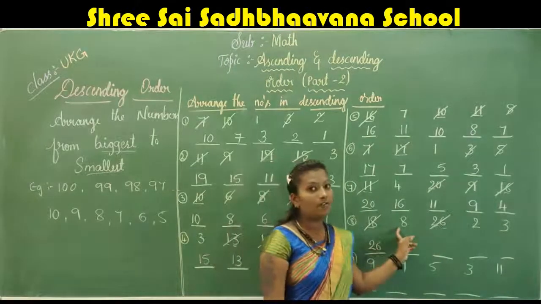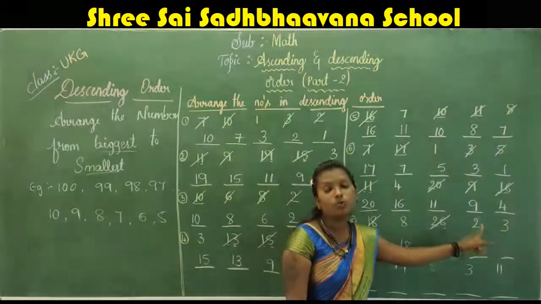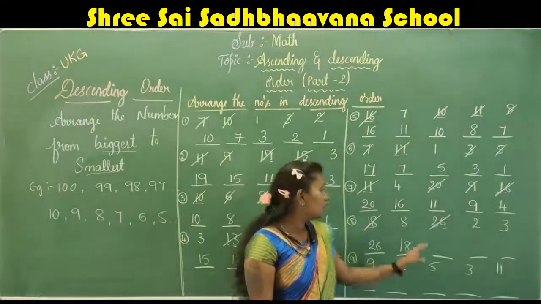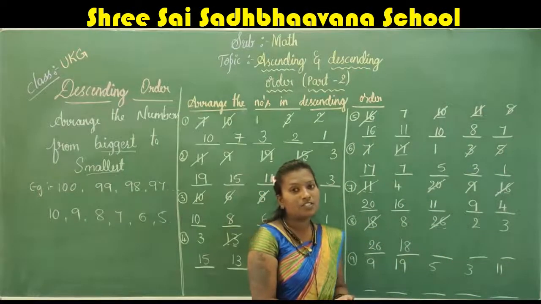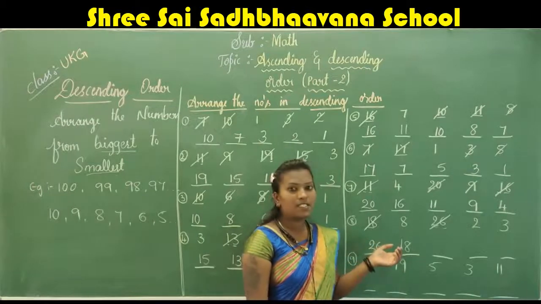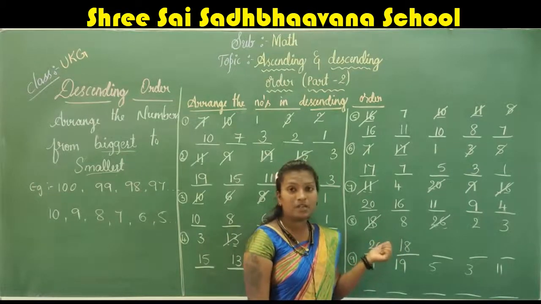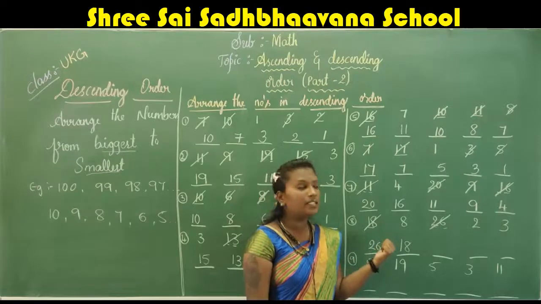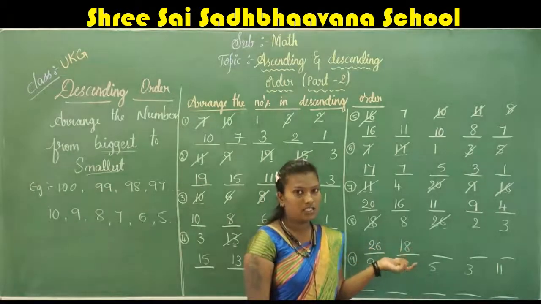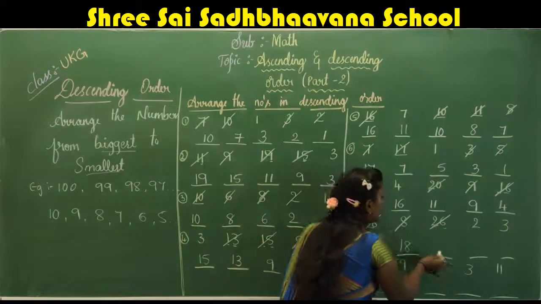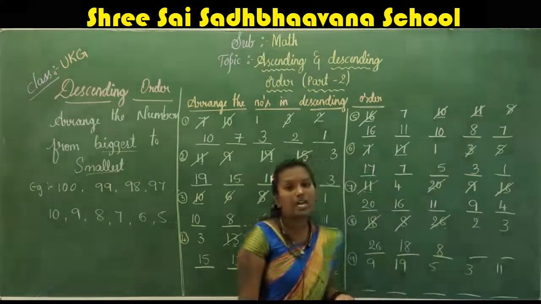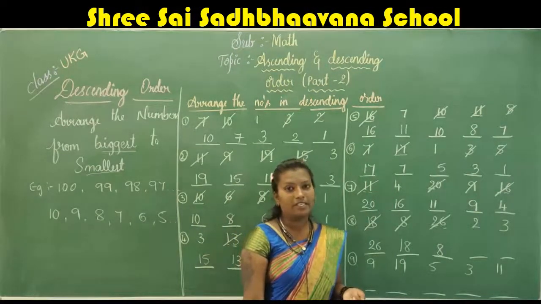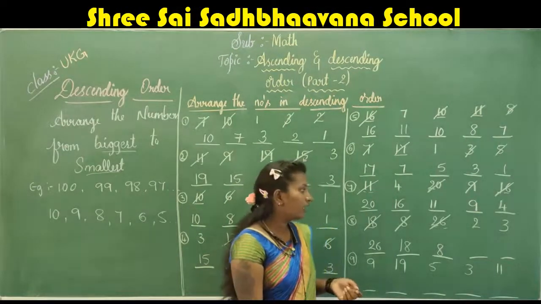Next, here we have to think about numbers 8, 2 and 3. Is 8 the biggest number or 2? Yes, 8 is bigger than 2 and 3. So we cancel number 8, and we write number 8 in the third place. Okay.